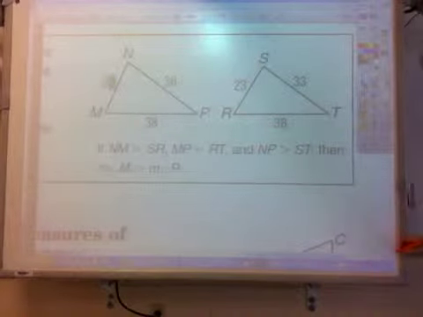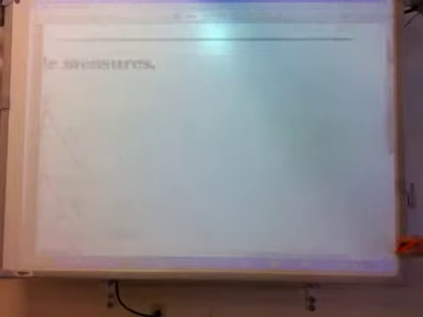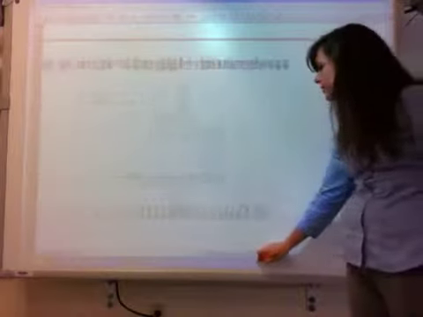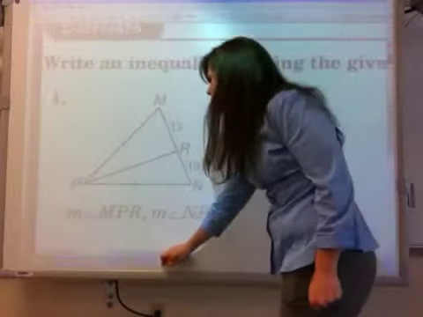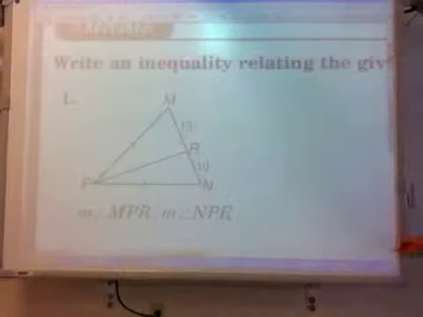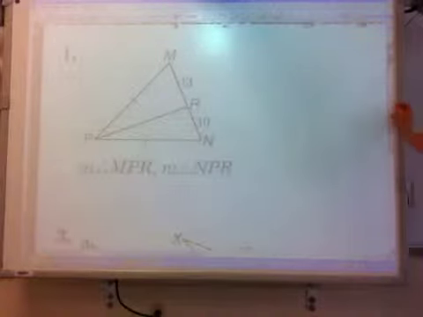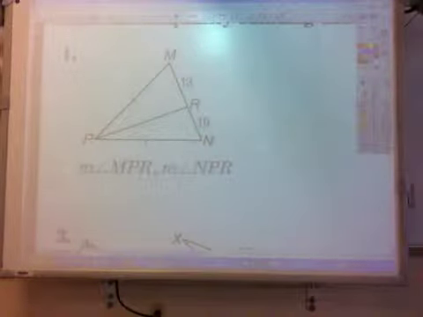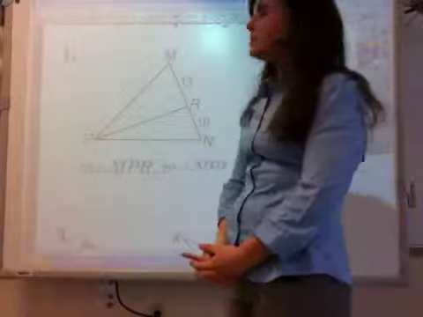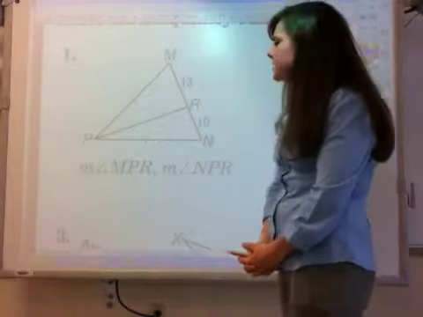Same steps here, same thing that you're looking at, only you are going to compare angles on this one instead of comparing the sides. Okay. On number 1, this is under your examples, under your exercises down there.